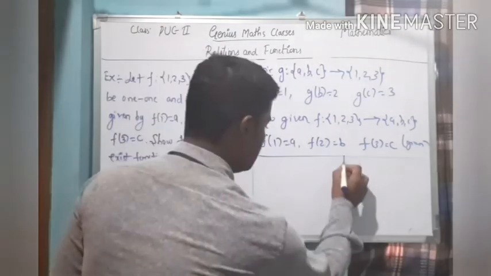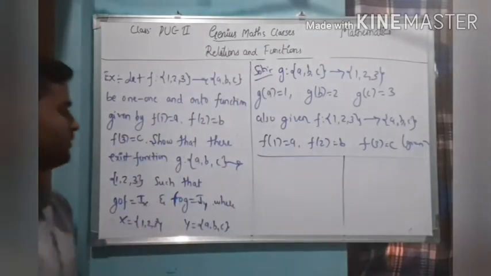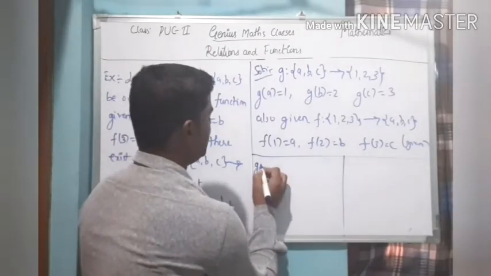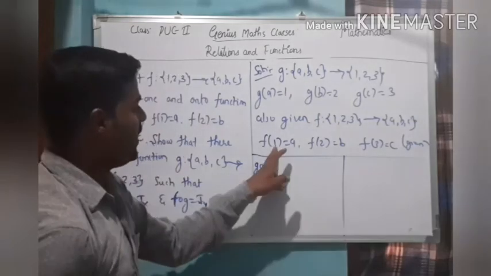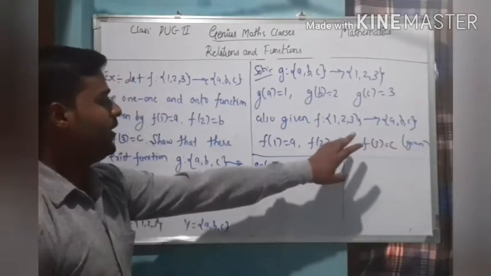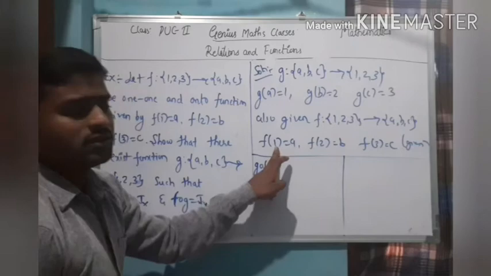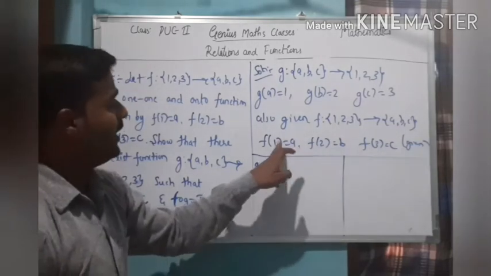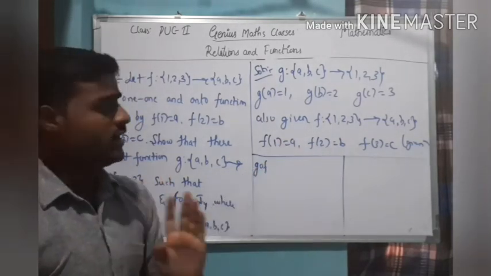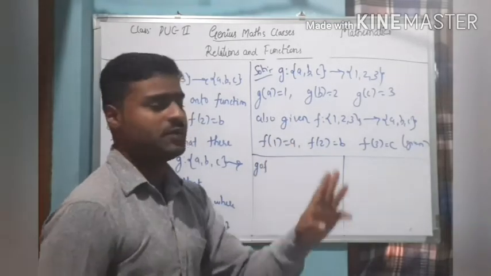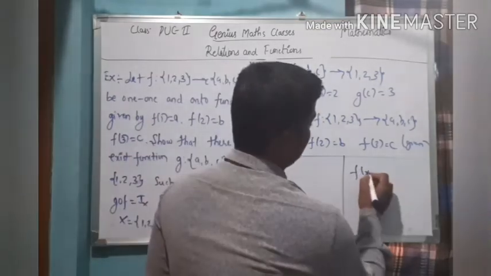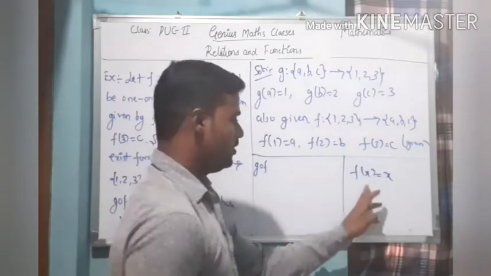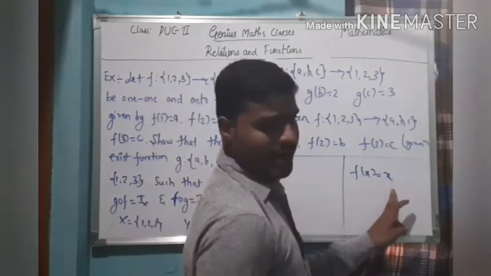First, consider g naught of f. So f has 1, 2, 3. Identity function means each element should have the same image. For example, f of x equal to x means it is the identity function.